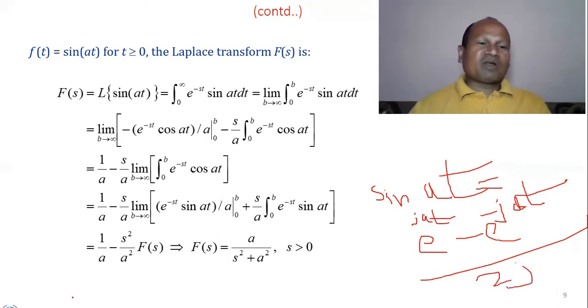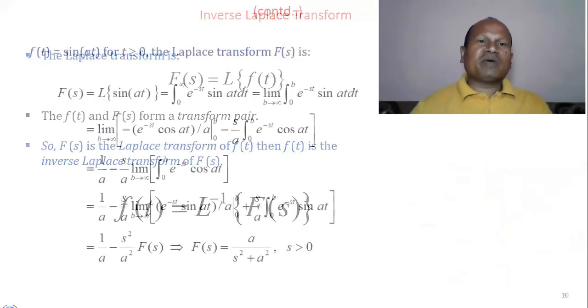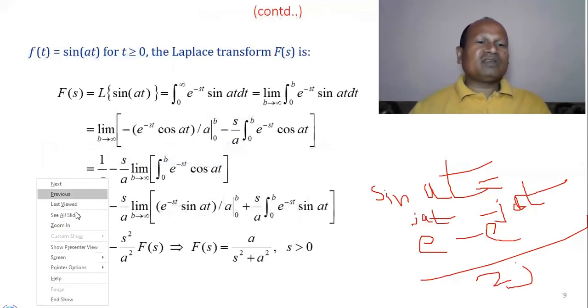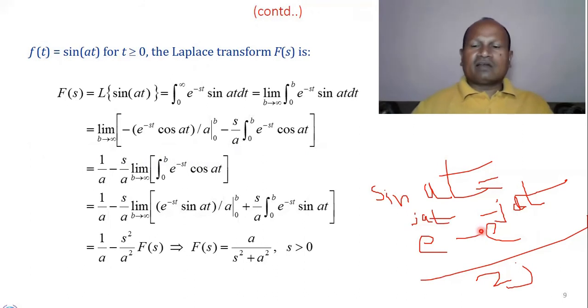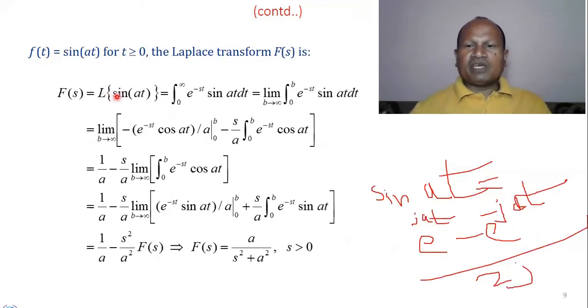That will give a much easier answer. Like the previous problem, we can calculate very easily. Let's go back. We can compute the Laplace transform very easily. Like you see here, we have calculated e to the power at. So in place of a here, we get ja and minus ja, and then solving, we'll get the same answer.